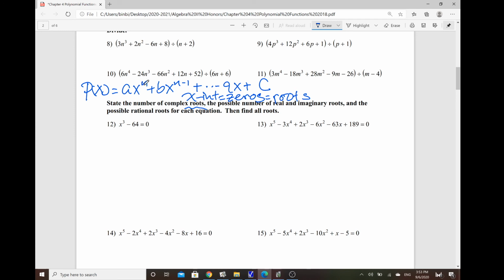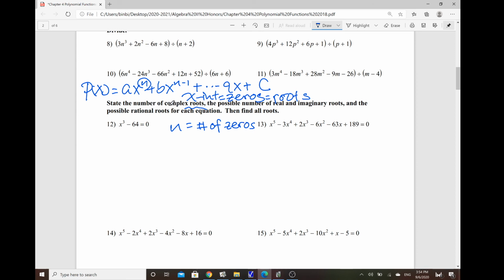So whatever the highest power that you have would tell you the number of possible complex zeros, or you can say the number of solutions you have for the x-intercept. So the value of n is the number of zeros, while the zeros could be considered either rational, irrational, and also imaginary.